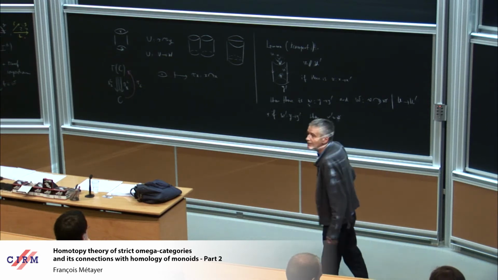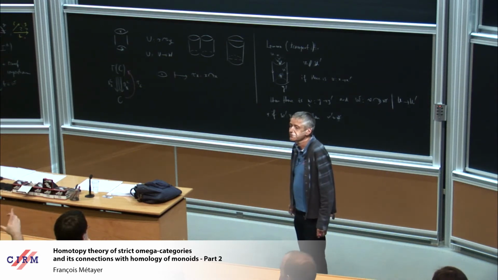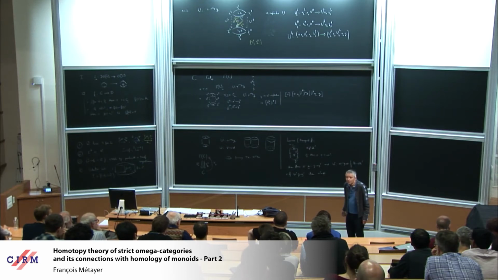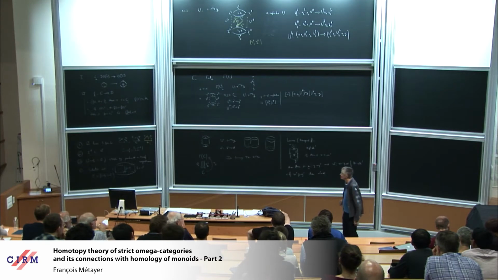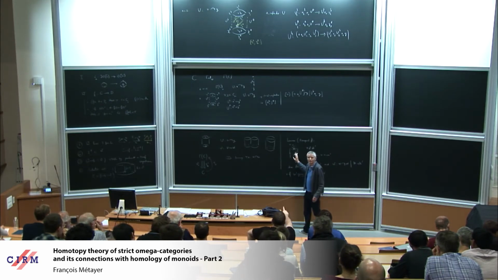Yes? If you're using lax cylinders instead of ones where the vertical cells are reversible, is the filler still weakly unique, or does this lemma not work at all, or does it only work for one direction? I'm not sure what you mean about that. So lax cylinders are just ordinary cylinders where the vertical cells are not reversible.